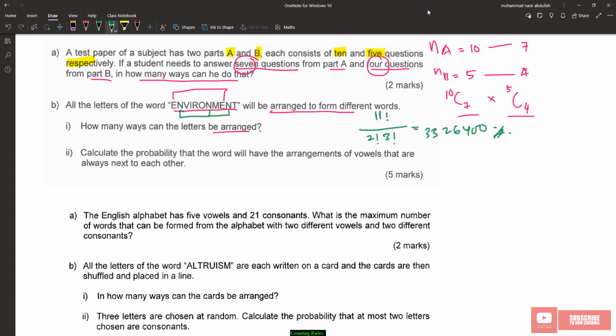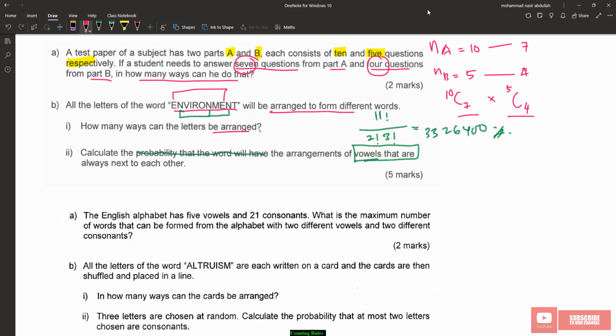And number 2 is calculate the probability that the word will have arrangement of vowel that are always next to each other. So now let forget about the word probability here. We want to arrange the word environment, and we want to make sure the vowel are always together. Apa vowel?